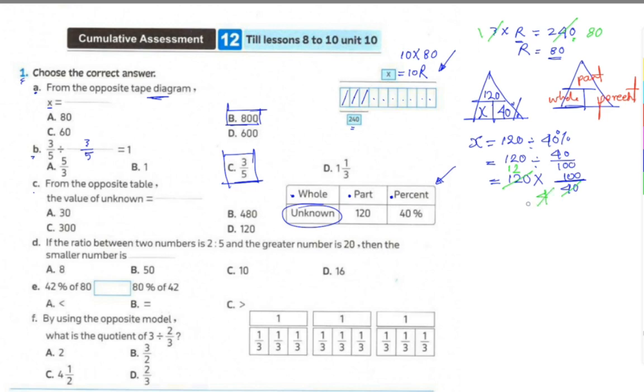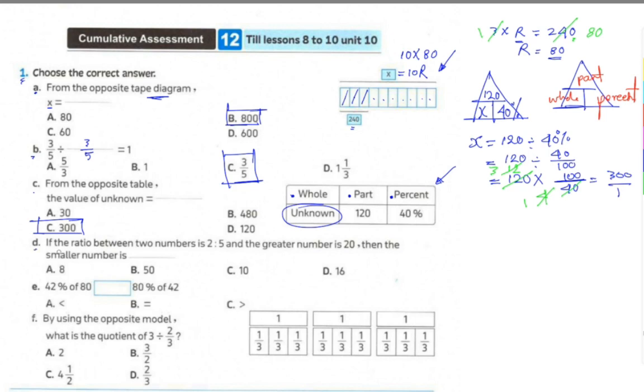Then divide by 4: 4 over 4 equals 1, 12 over 4 equals 3. So now I have 3 times 100 over 1, which is 300 over 1, that equals 300. So the right choice is 300.